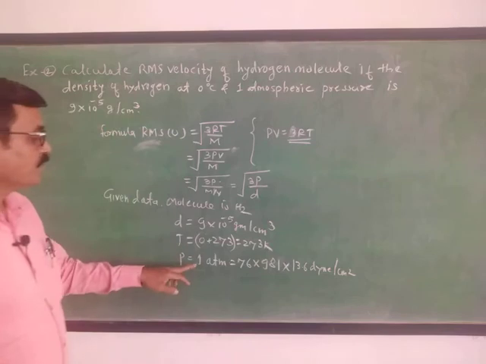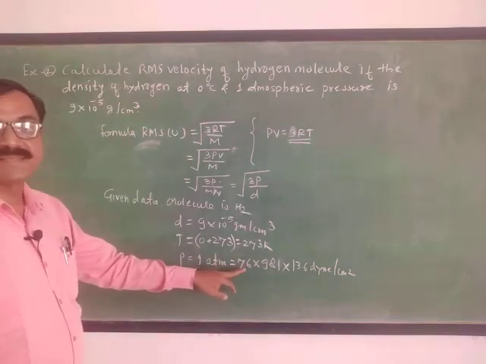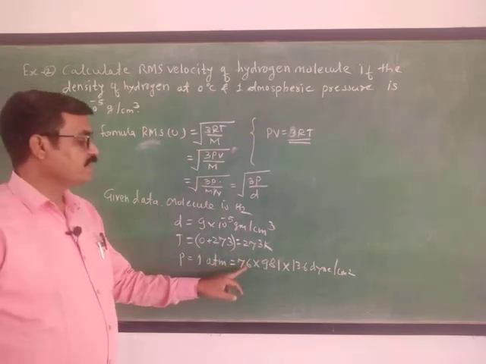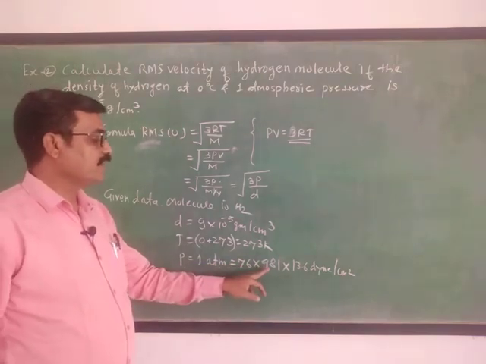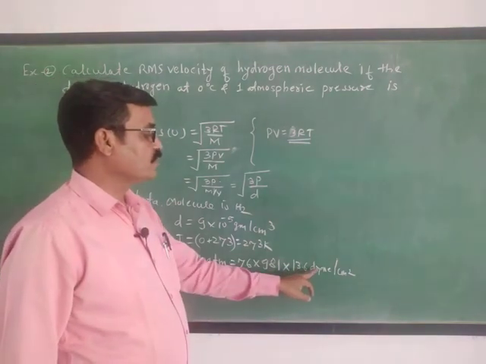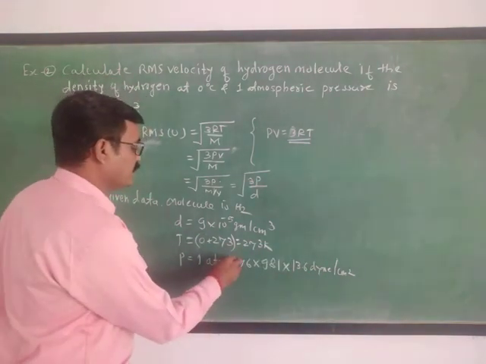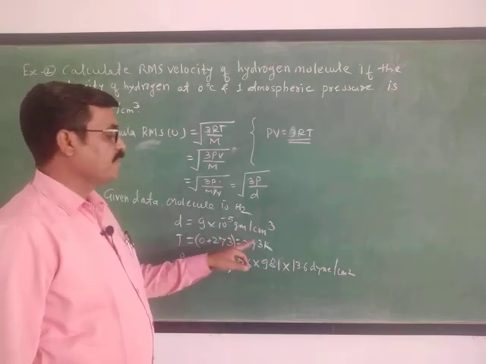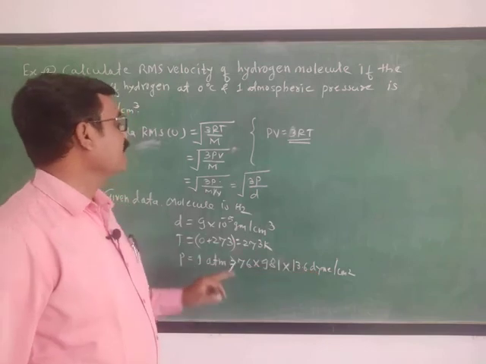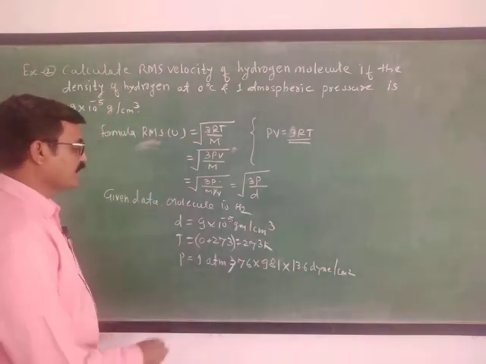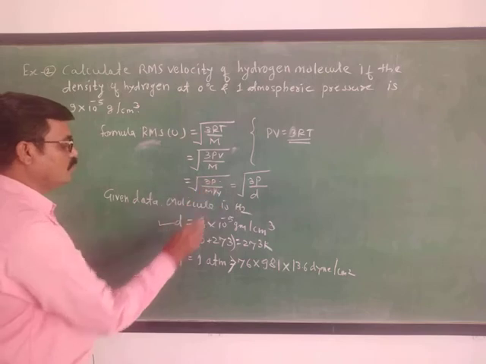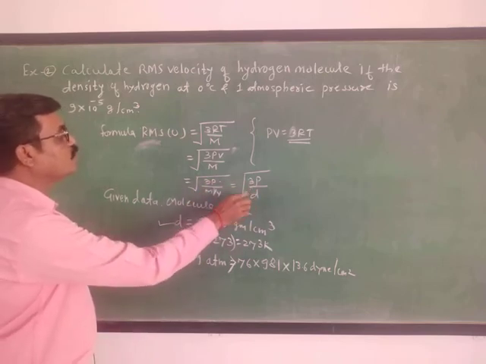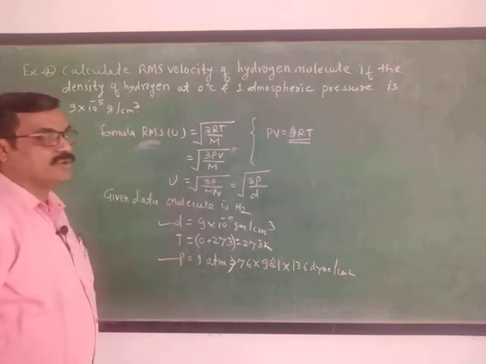Since 1 atmosphere equals 76 mm, this mm is converted into cm as 76 into 981 into 13.6 dyne per centimeter square. See, here this is in the CGS system, since gram, dyne. Here we are doing all the conversion in the CGS system. Now density is known to you, pressure is known to you, then you are able to find out the value of U.